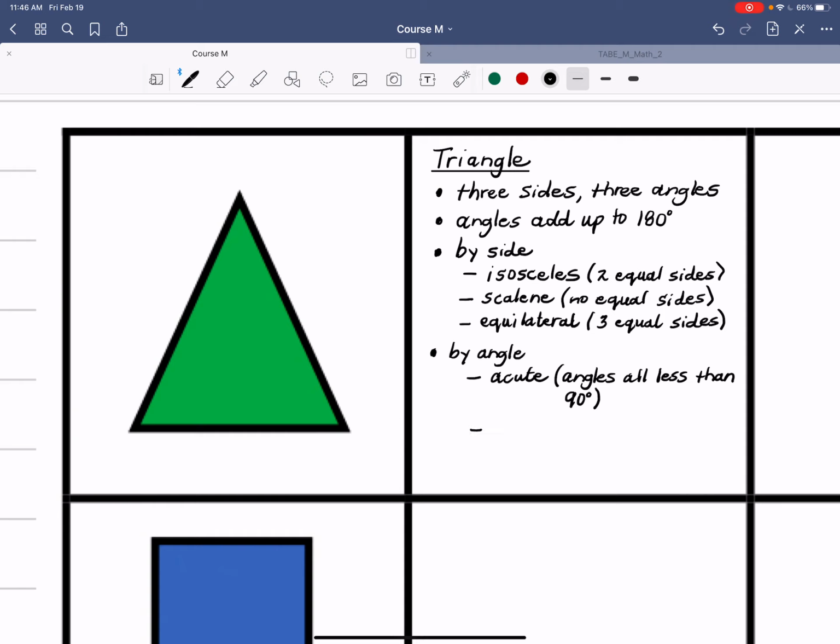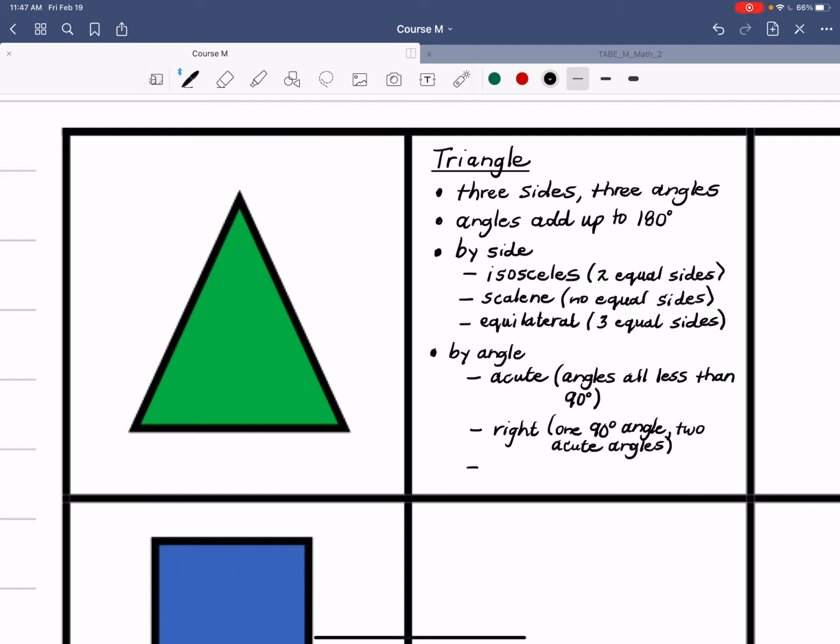A right triangle has one 90-degree angle, and then the other two angles would be acute. Let's go ahead and put that in. It won't hurt a thing. Two acute angles.